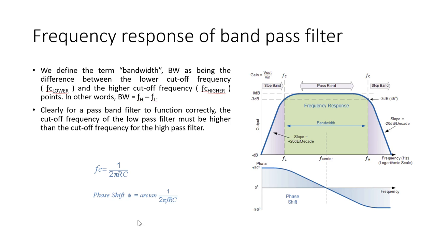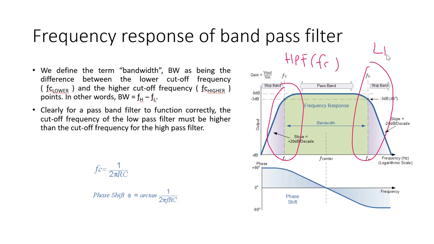So we are using two circuits, the high pass filter and the low pass filter. This is FL, which was taken from the high pass filter's FC. This is FH, the higher frequency, the low pass filter's FC.